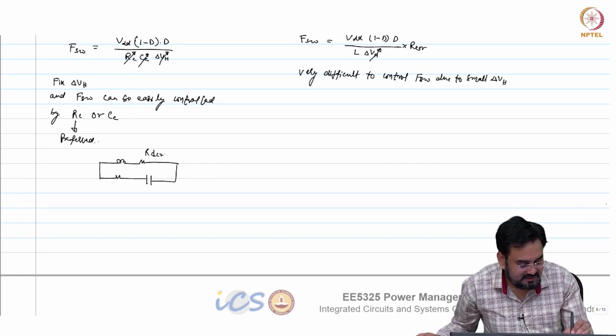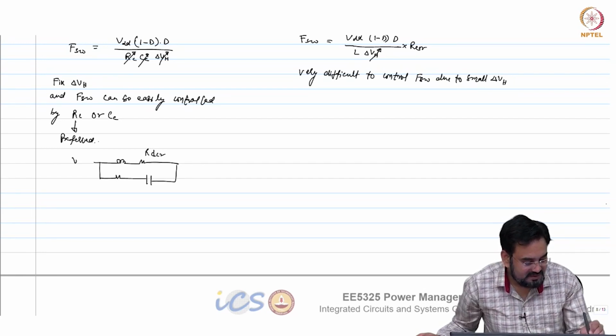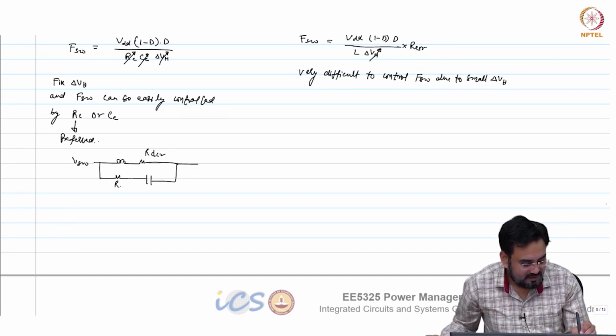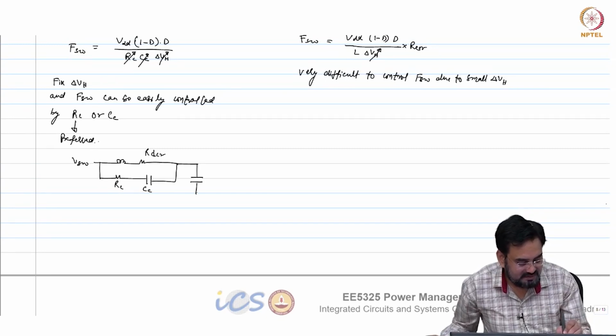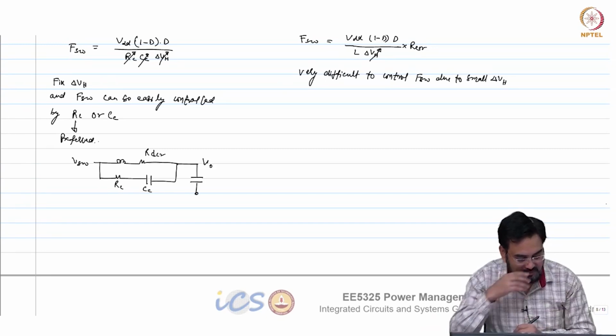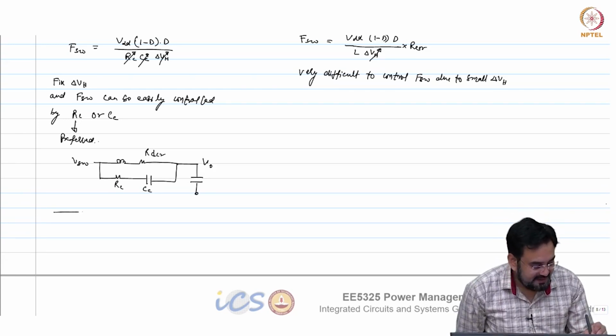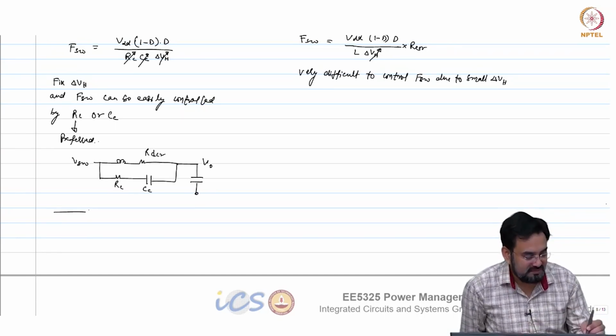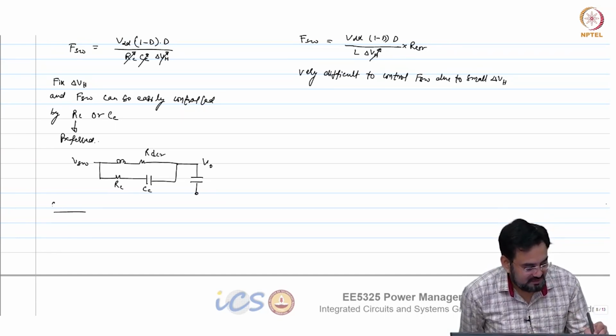R DCR, this is your VSW, R C CC, this is your VO. First thing, I need a reference clock. If I want to operate at 1 megahertz, then it should be 1 megahertz. So I will call it CLK ref.